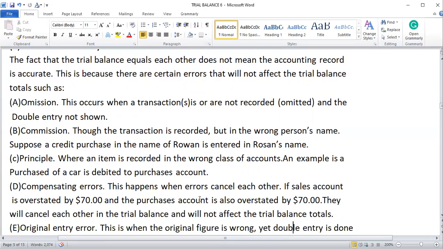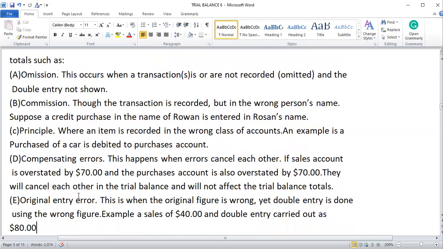The trial balance will still balance. It will not balance when the debit side has been overstated by $70 and the credit has not been overstated by $70. But once both sides have been overstated by $70, it will balance and cancel each other out.